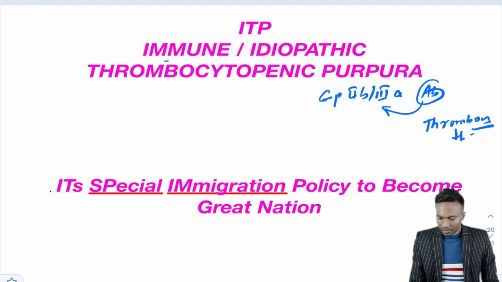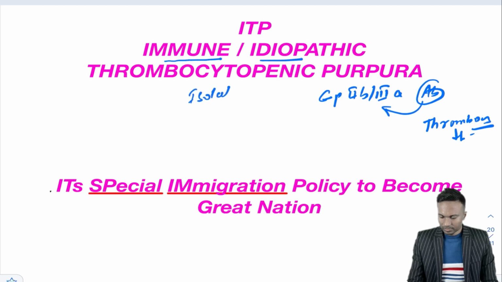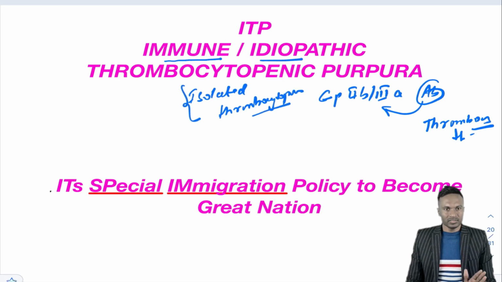So you can call it immune thrombocytopenia, you can call it idiopathic thrombocytopenic purpura, you can also call it isolated thrombocytopenia. Only platelet count will go down and that will happen due to presence of antibody against glycoprotein 2B.